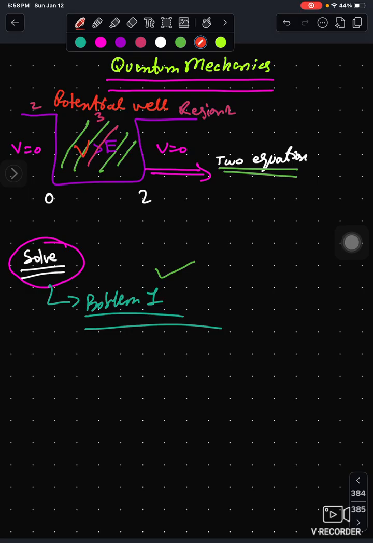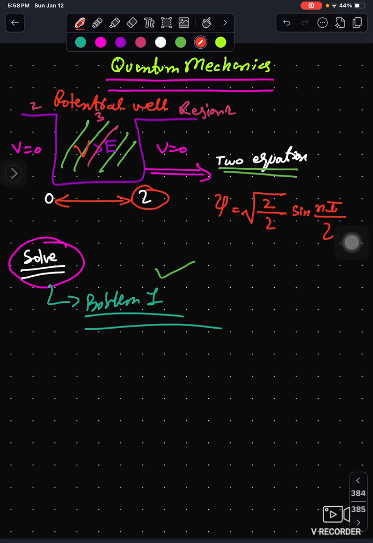The equations are: psi equals the square root of 2 over L, in this range between 0 and L, times sine of n pi x over L.